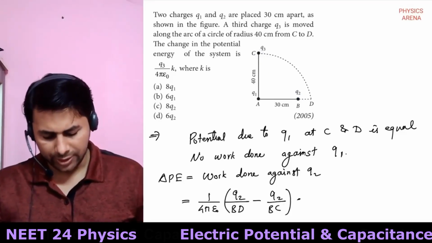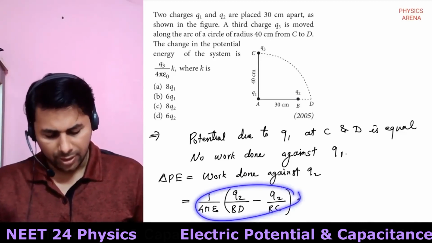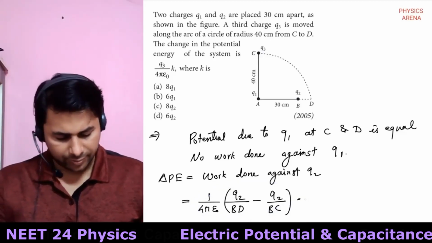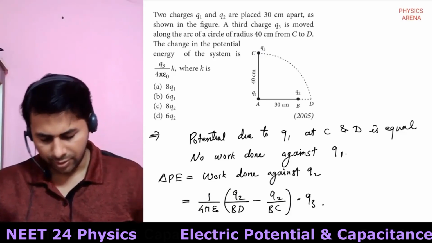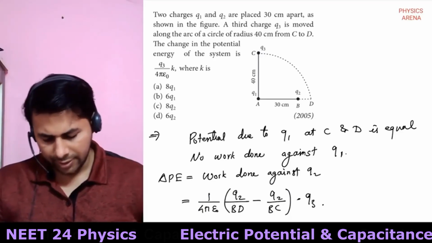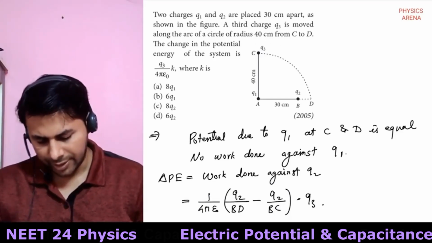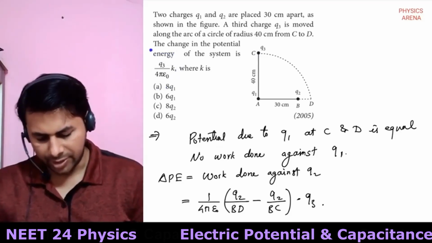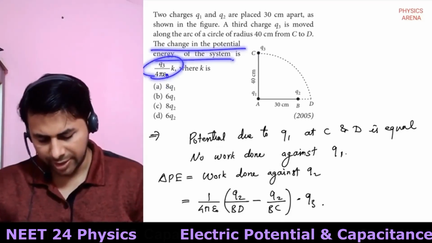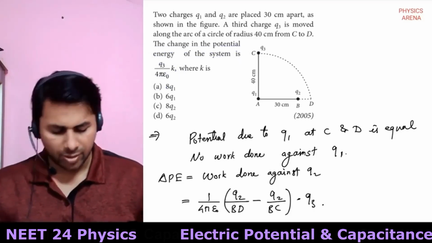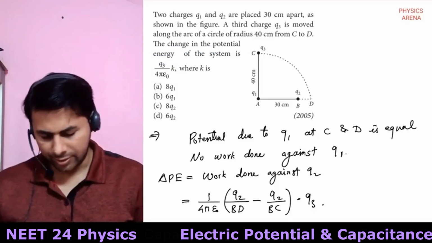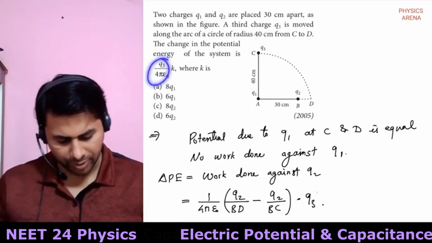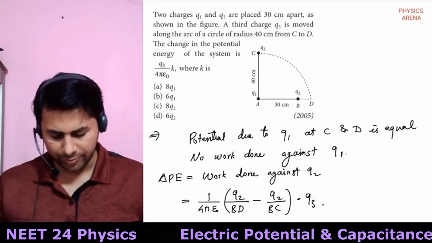And what charge are you moving? This is the potential difference. You are moving Q3. Okay, so what do they say? That the change in potential energy is this many times K. What is K? This is the question. So what is this thing? Q3 upon 4 pi epsilon naught.